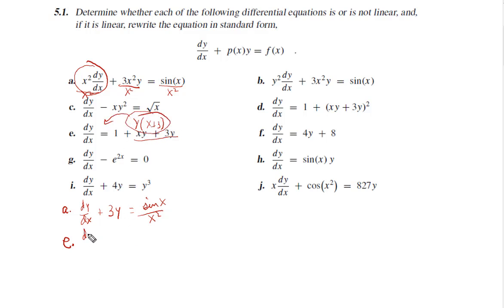So we would have a dy dx minus an x plus 3y equals 1. On the G part, it's already in standard form, so we don't need to do anything. And the I part is not linear, so we don't need to write that.